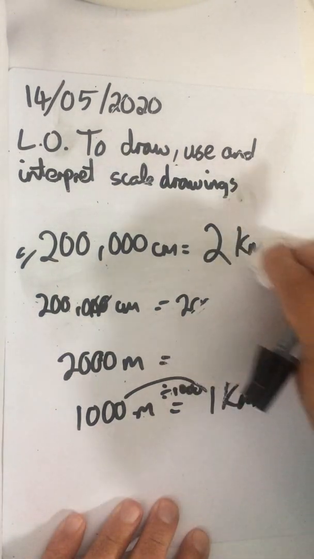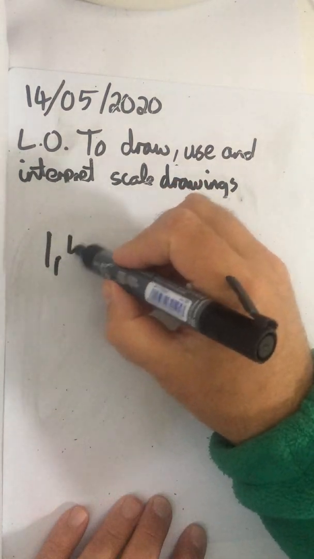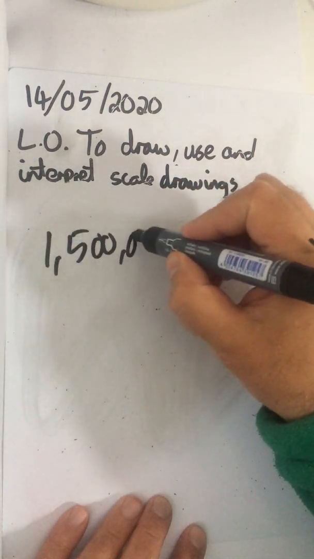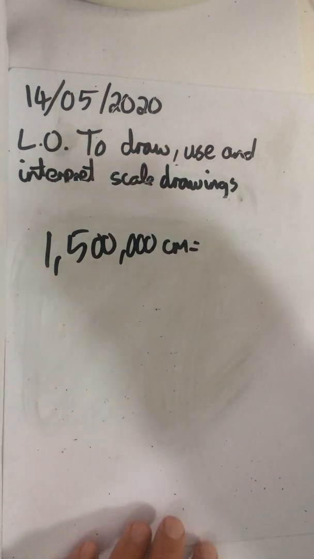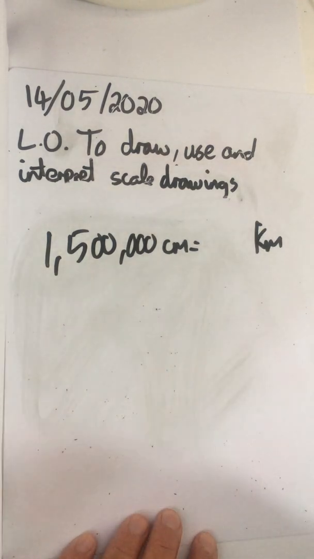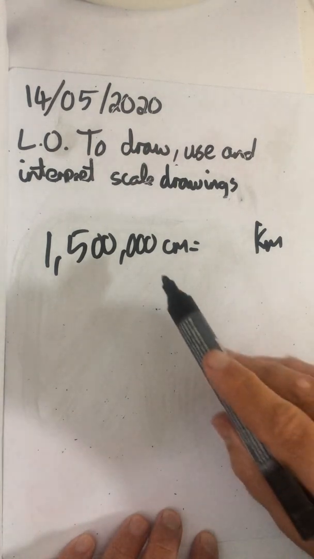Okay, just one more question on those, please. What would 1,500,000 centimetres be in kilometres? Okay, so let's have a little look.